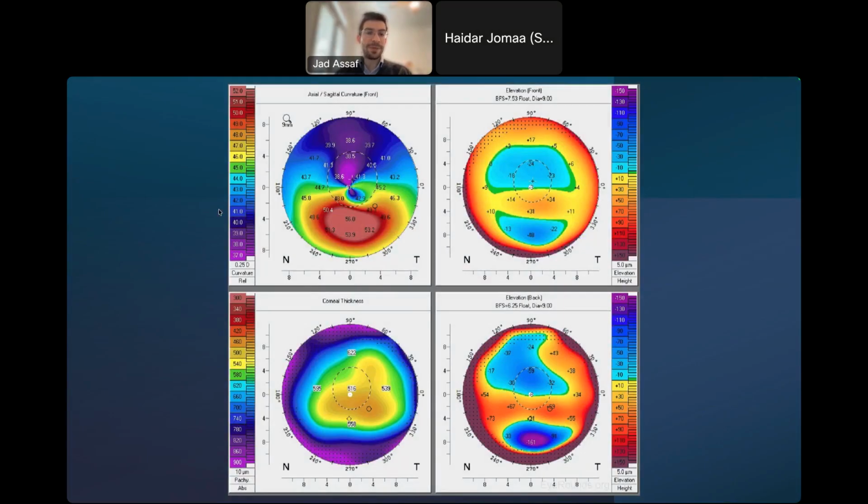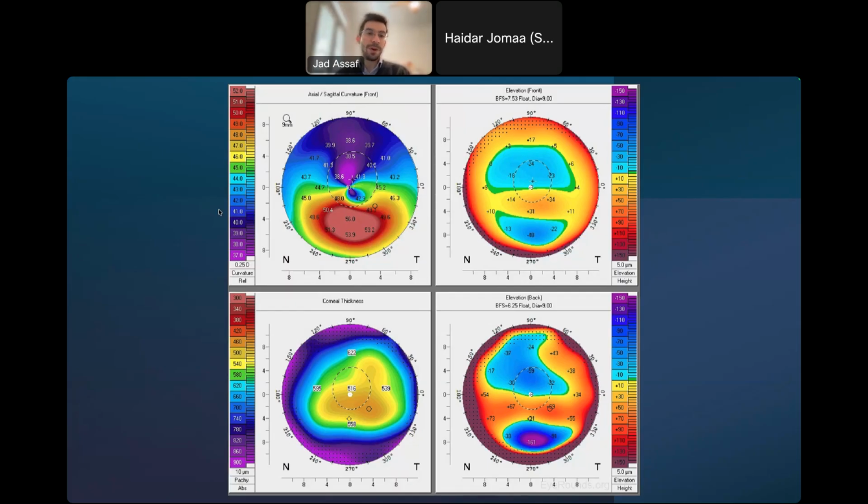Multiple maps can be derived from this main segmentation that we've taken. And all of these are helpful to understand the different aspects of the corneal shape. This can guide treatment, this can guide diagnosis, and a lot of diseases can be detected from looking at the corneal topography or tomography.